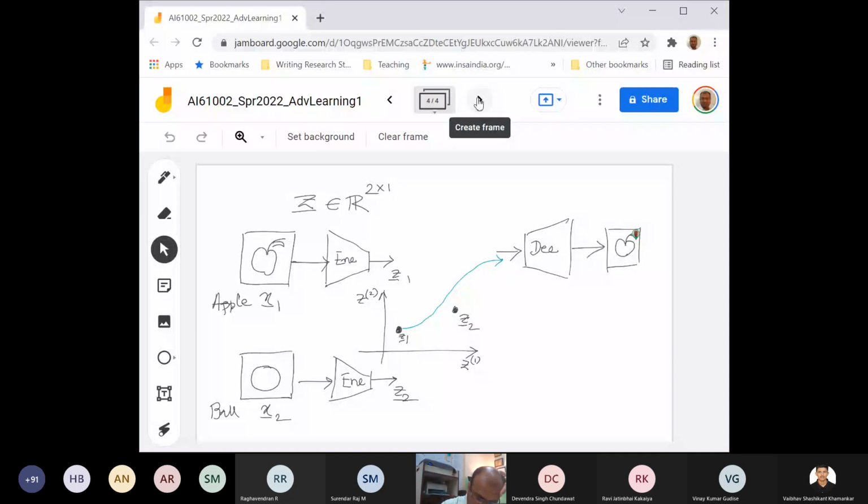Similarly, if I take the same decoder and feed this data point Z2 as an input to it, I'm going to get almost the same image of a ball.